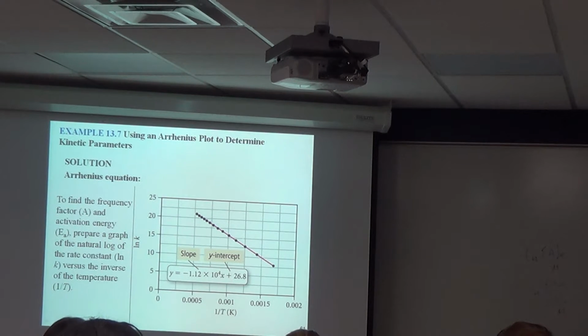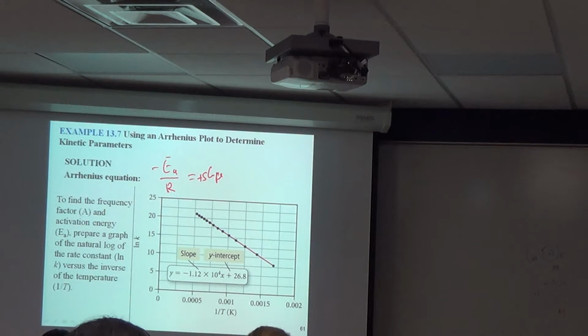And then let's just practice how to find out some of the information, like EA from this result. So what is EA divided by R, or negative EA divided by R, that equals what? Negative slope.